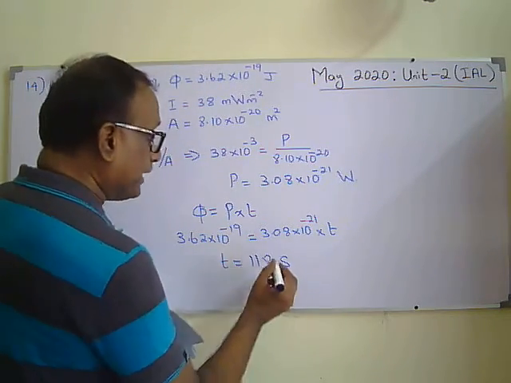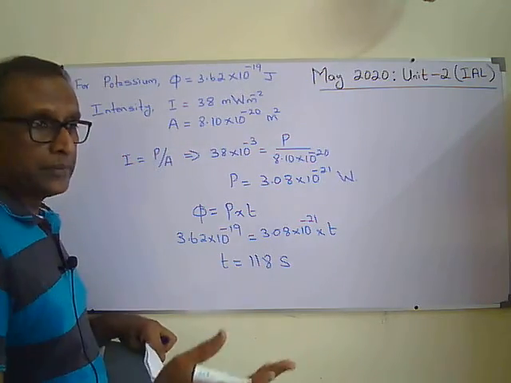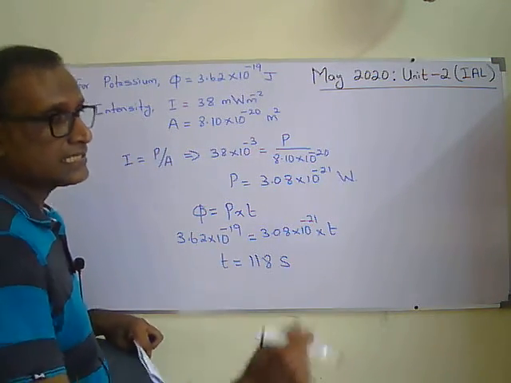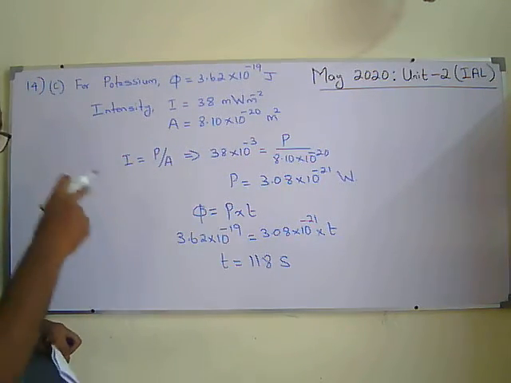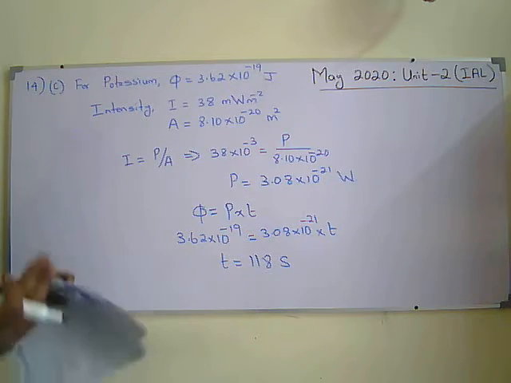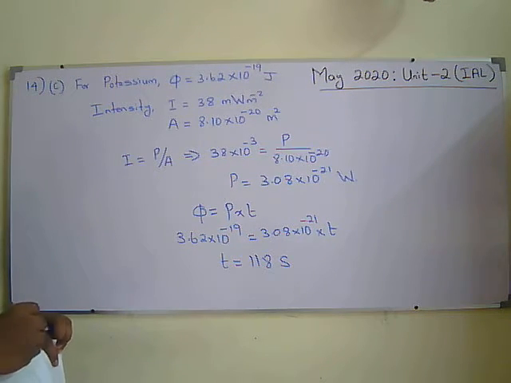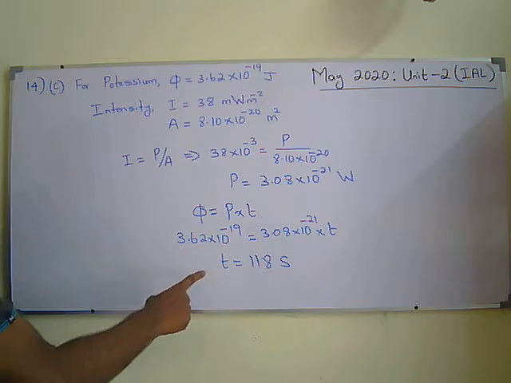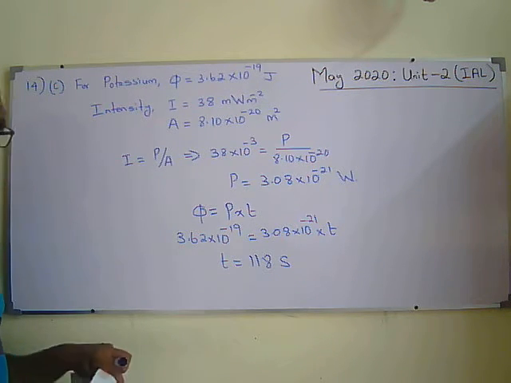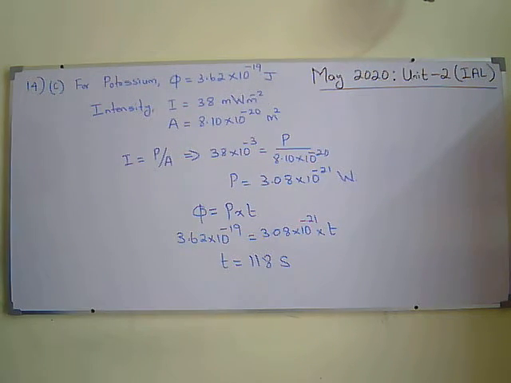So almost 2 minutes delay will occur. But practically they found that electrons were released instantaneously, because in the photoelectric effect, electromagnetic radiation behaves like a particle, not like a wave. So it's good evidence to say that the photoelectric effect can be explained only by the particle theory of light, not by the wave theory of light.